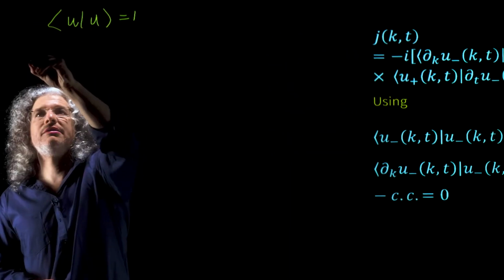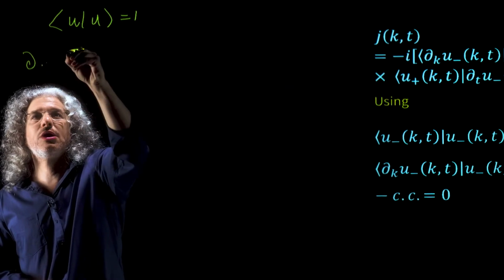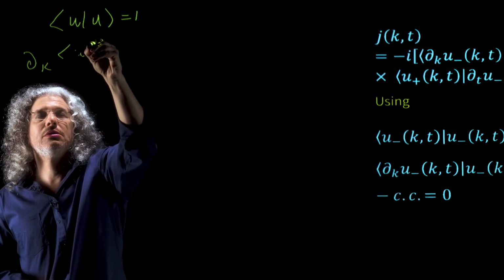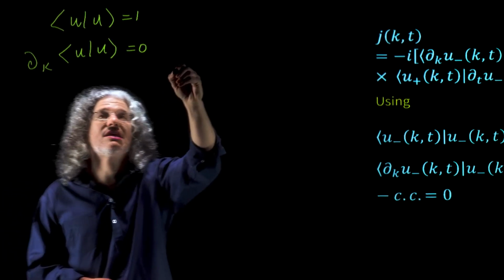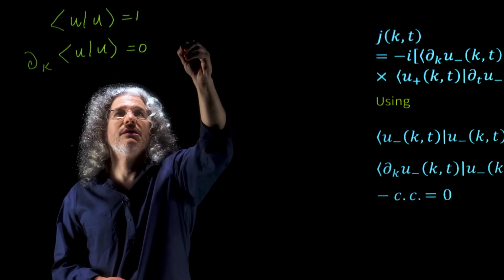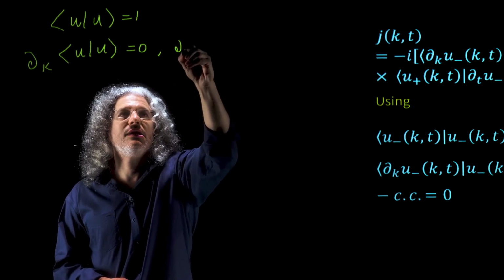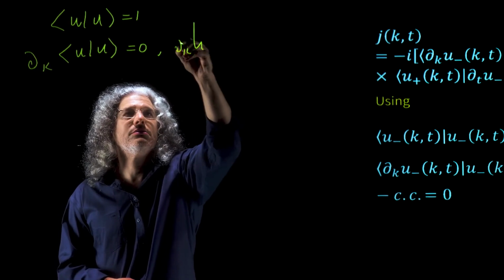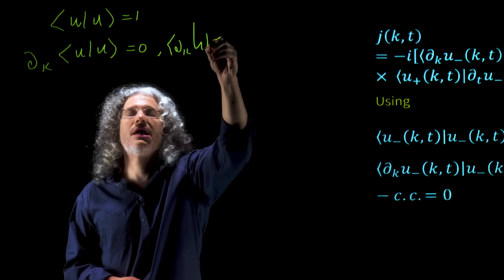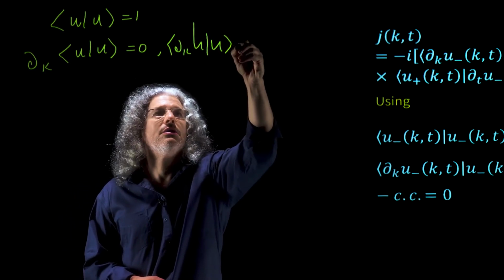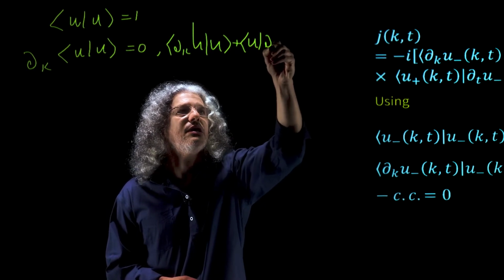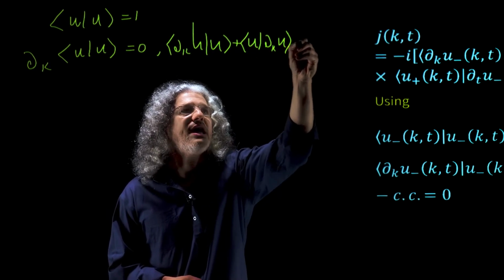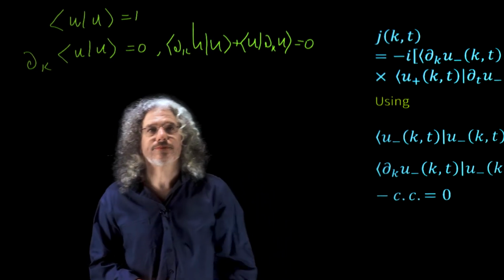So we start from <u|u> equal to 1. I take the derivative of that with respect to k. So it will be the derivative of <u|u> is equal to 0, but this is nothing more than <∂_k u|u> plus <u|∂_k u>, all that is equal to 0.